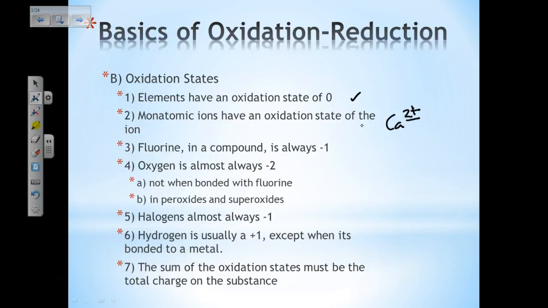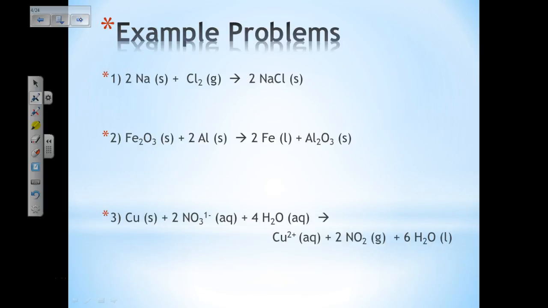So you can pause the video and write all these down, but the easiest thing to do is some sample problems. So let's do some sample problems and determine what some of these oxidation states are. Here are some sample problems straight out of a book.